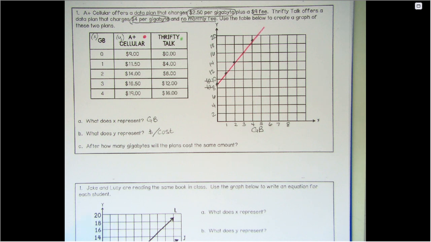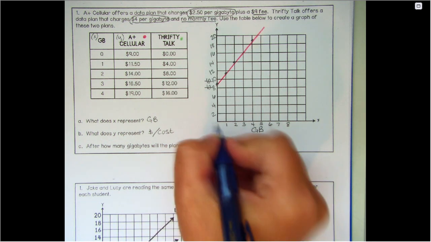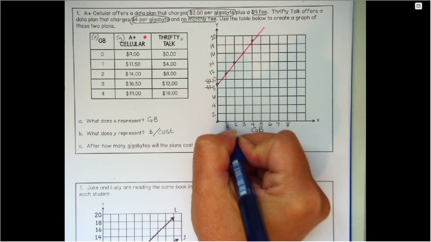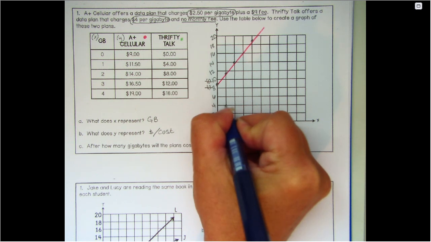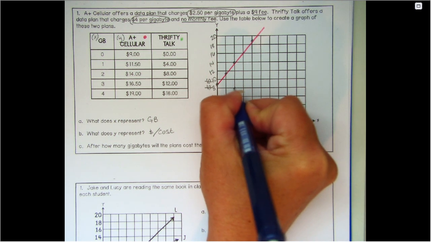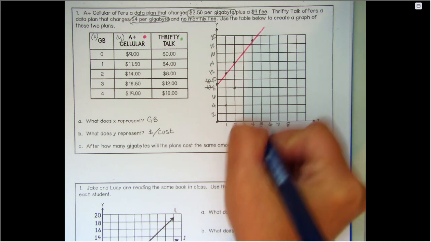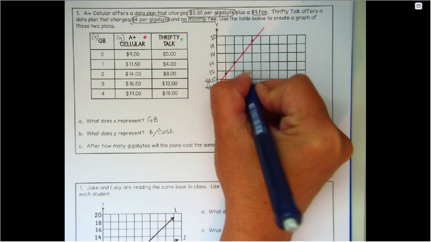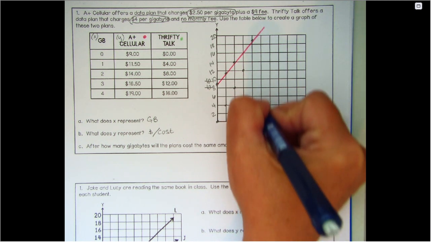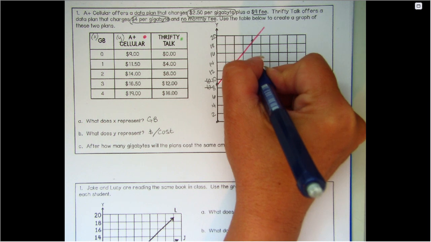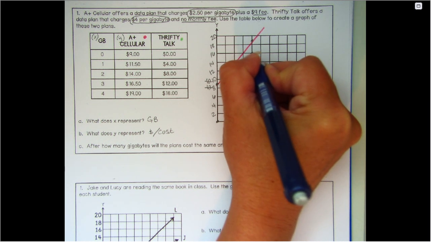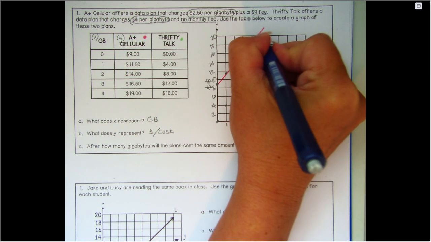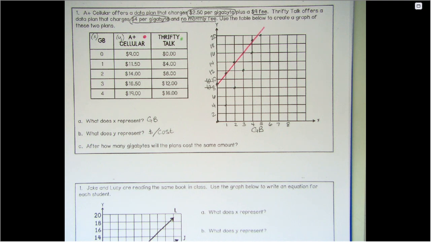So if I've used no gigabytes, I've spent no dollars. 1 gigabyte, $4. 2 gigabytes, $8. 3 gigabytes, $12. 4 gigabytes, $16. 5 gigabytes, $20.